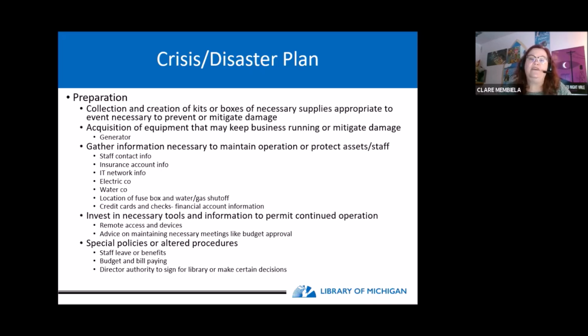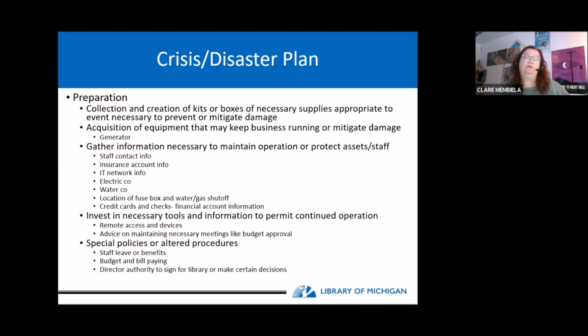So, putting together your crisis, your disaster plan. So many of you should already have a disaster plan, right? And again, just like risk management, it can be done either individually per perceived crisis. So, if in your risk management you say, okay, well, hurricanes or freezing pipes and ice storms, that's a risk management.